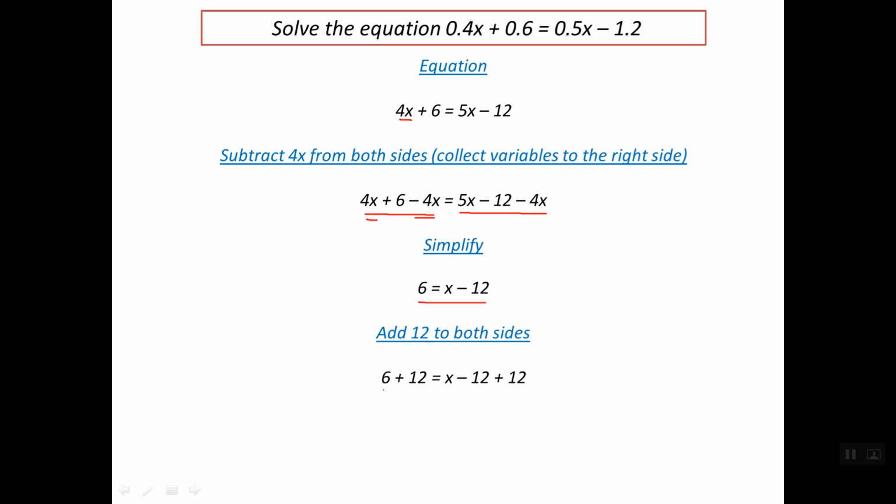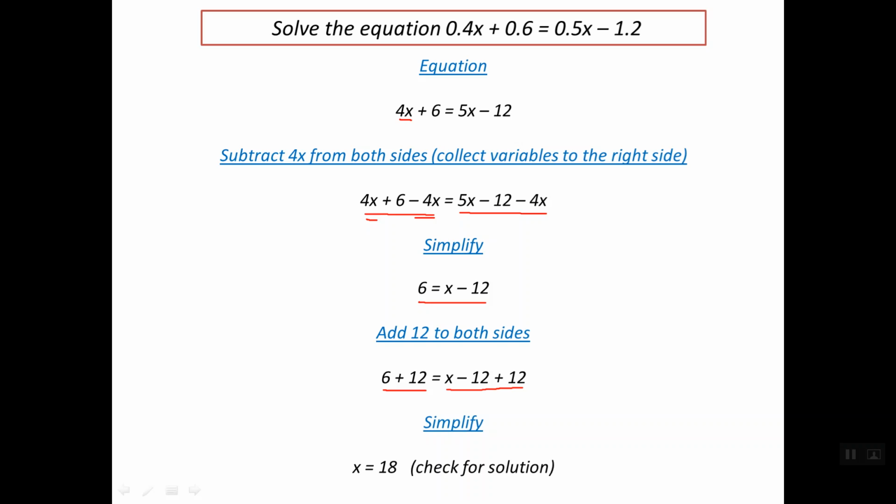For the left side we have 6 plus 12, and for the right side we have x minus 12 plus 12. The remaining from the right side is simply x, and the remaining for the left side is 18. So after simplifying, we conclude that x is equal to 18.